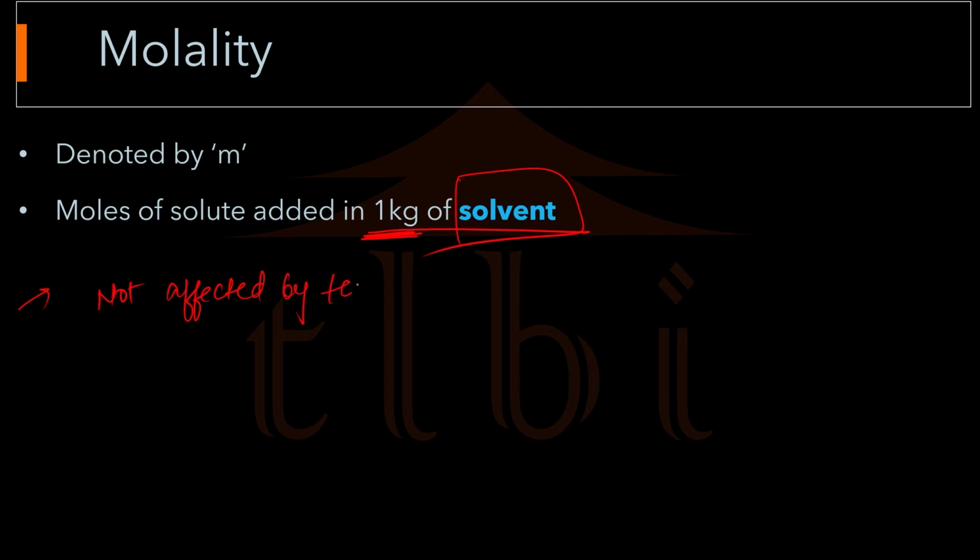by temperature, right? Because we know if the temperature of the solvent is high, for example, in case you are preparing using molarity, let's say 5 molar NaCl.